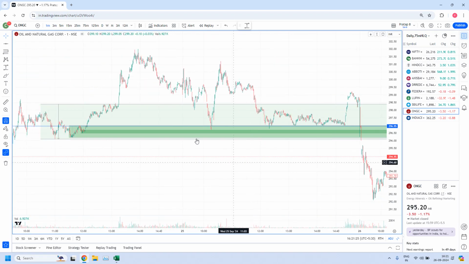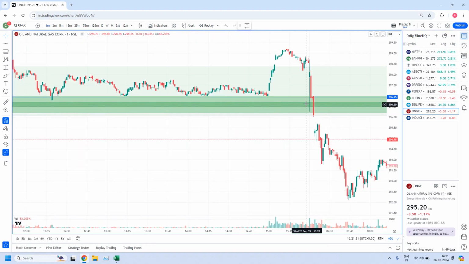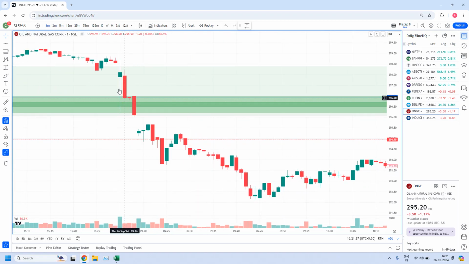If anybody would have thought all these price actions are because of this fine-tuned 5-minute zone, and if you were planning a trade today, it would have been stopped out. But anyway, you can't take a trade here because the morning 9:15 candle itself violated it. See, this is the morning 9:15. In the 9:15 candle itself prices came down and moved up.